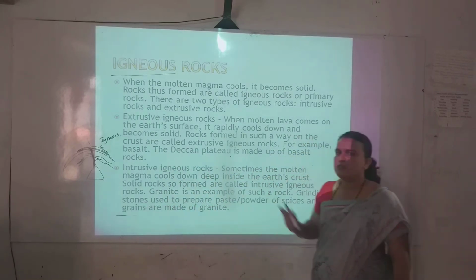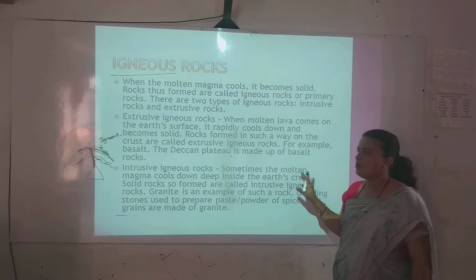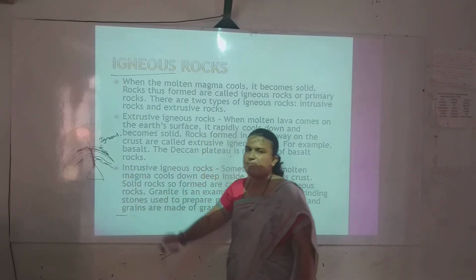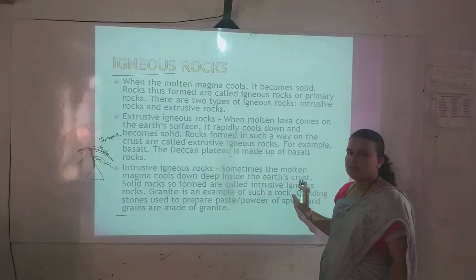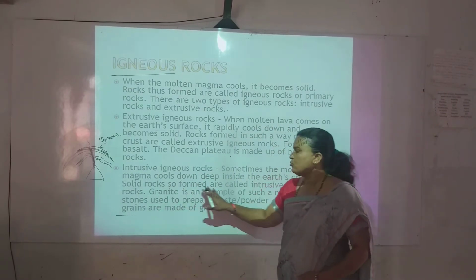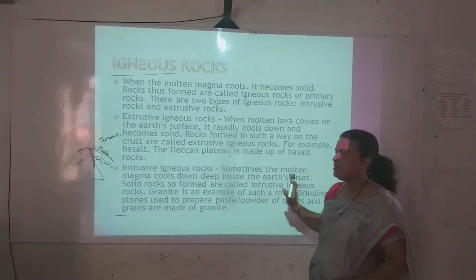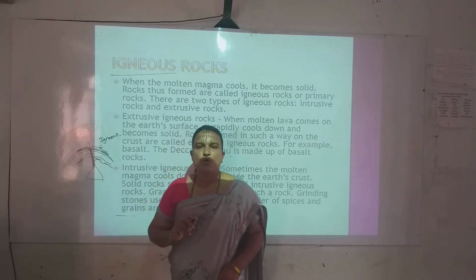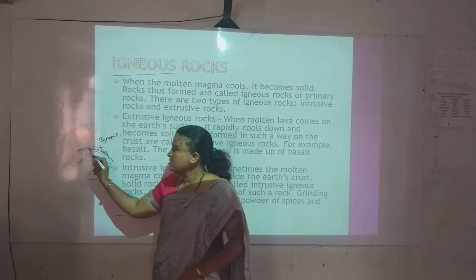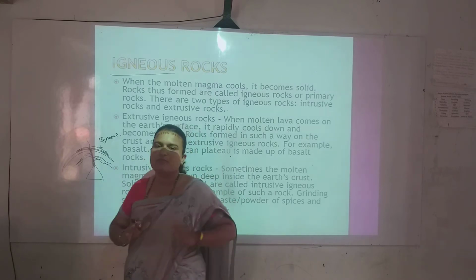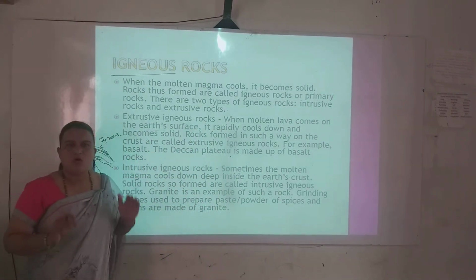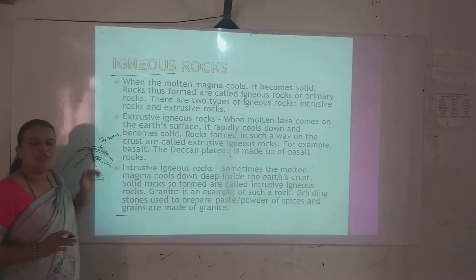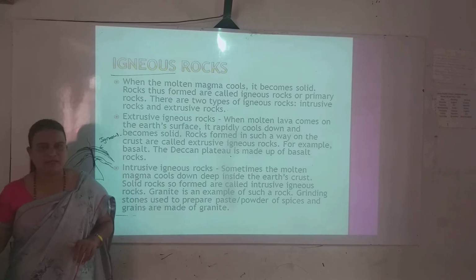Then intrusive igneous rock. As I said, sometimes the molten magma cools down deep inside the cracks or deep inside the earth's crust. Solid rocks so formed are called intrusive igneous rocks. As there is no availability of air here, this molten magma requires a lot of time to cool, and because of that, intrusive rocks are formed which are very hard in appearance.